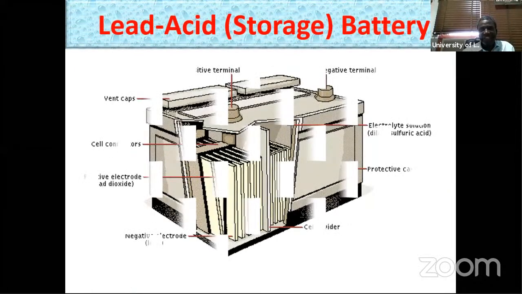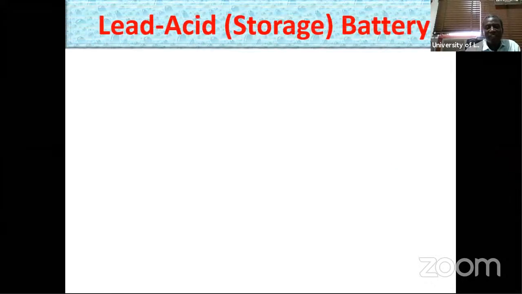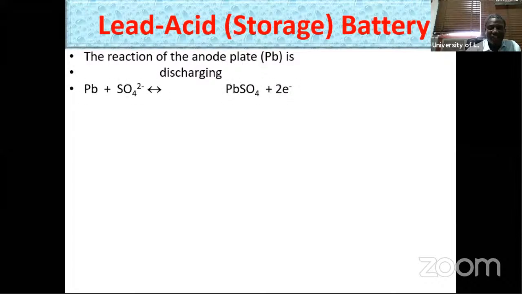So this is a typical secondary cell, a typical lead acid storage battery cell. You can see the plates inside it and the way they are connected together. The more surface area you have, the more current you produce. And the reactions are just this. For the discharging, you have this.